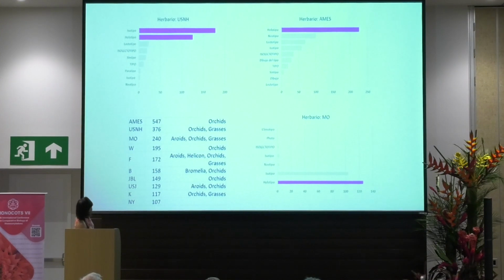The Smithsonian also has an important isotype and holotype collection, of orchids and other families. And Missouri Botanical Garden, which was the main institution behind the Manual de Plantas de Costa Rica, also has an important collection of holotypes. And well, there are other institutions also.